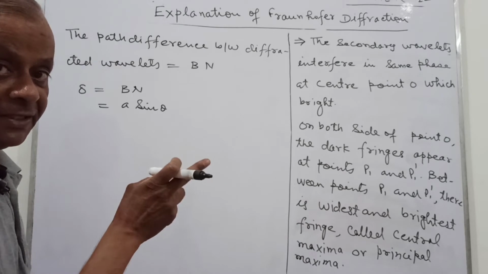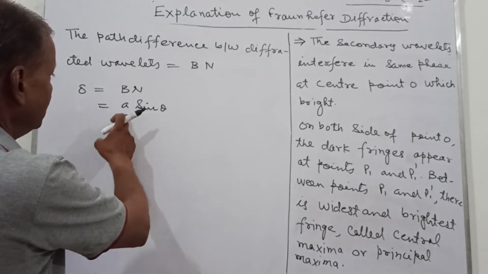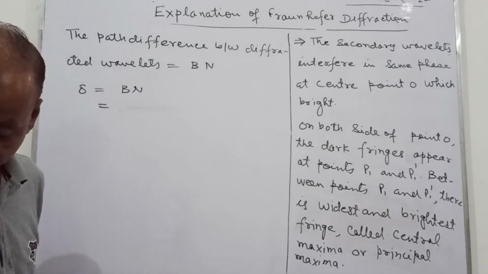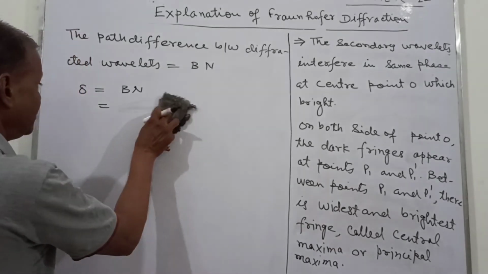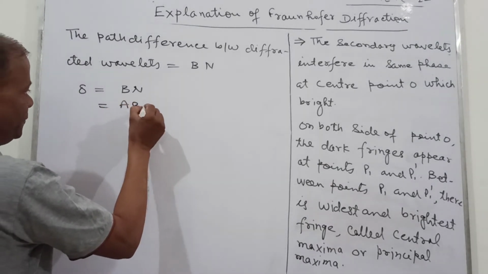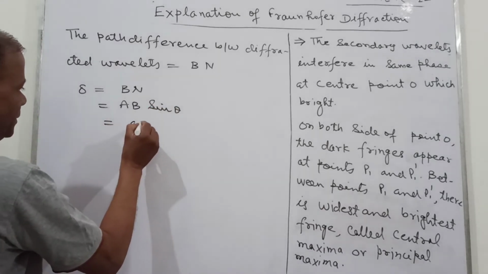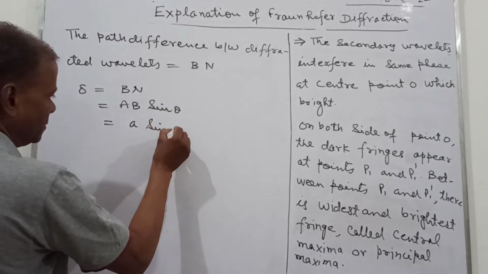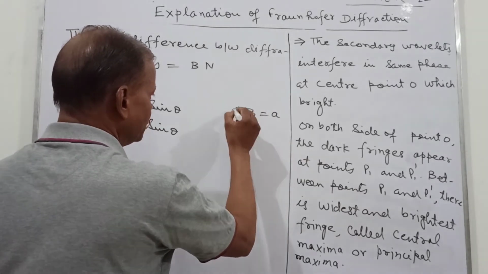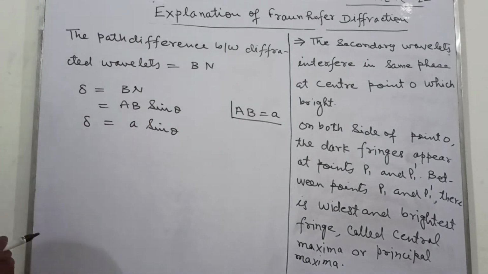AB is the width of this slit, that is a. So this is a sin theta, as AB is equal to a. This is the path difference delta.